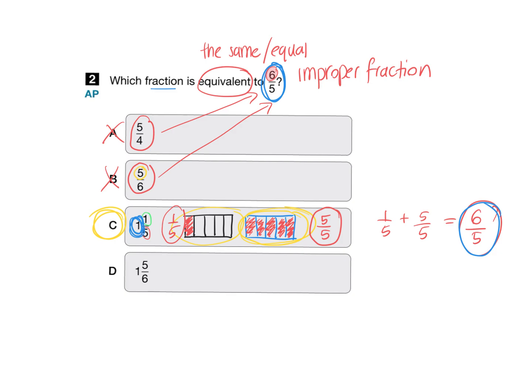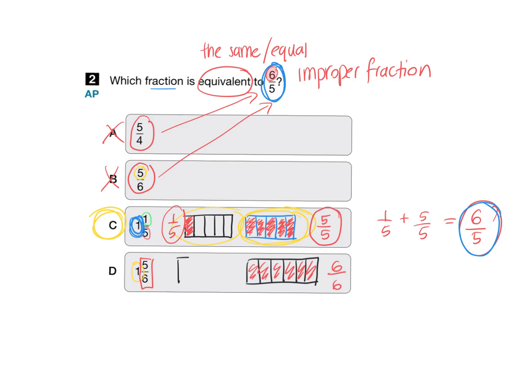How would we represent 1 and 5/6? So what's different about this question? I have a whole, but this time the part is 5 out of 6. So the whole would be all 6 of them, 1, 2, 3, 4, 5, 6, out of the 6 would be shaded in, right?